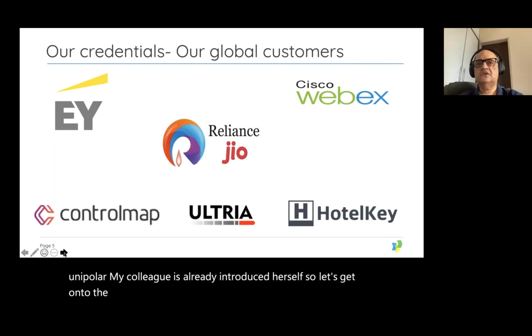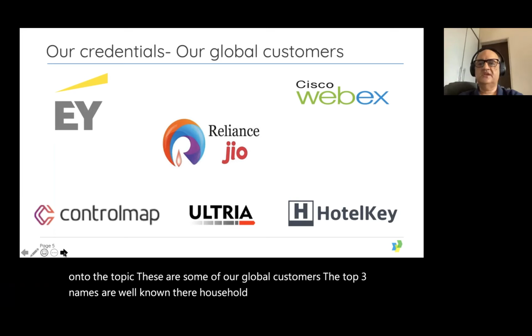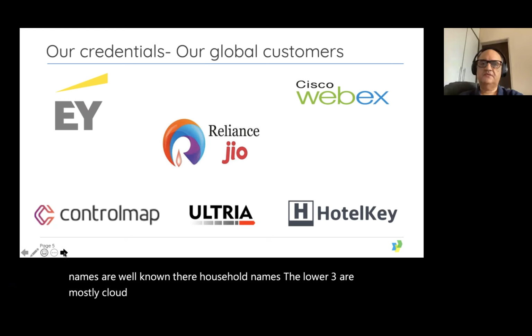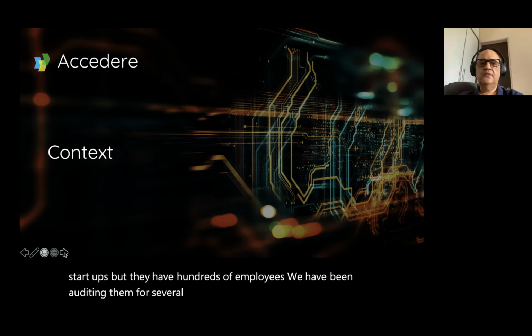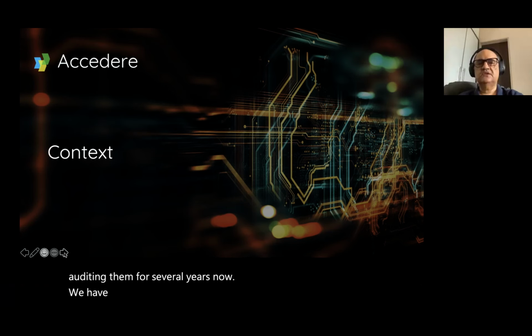These are some of our global customers. The top three names are well known, household names. The lower three are mostly cloud platforms. They were startups, and some of them still are, but they have hundreds of employees. We have been auditing them for several years now. We have two main offices, one in Denver, Colorado, and one in Mumbai.